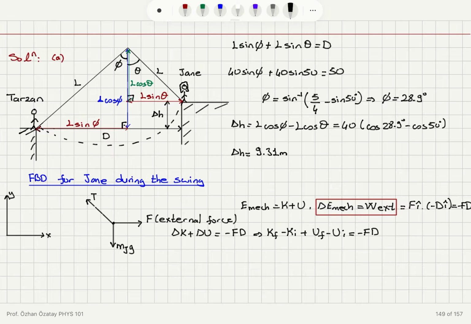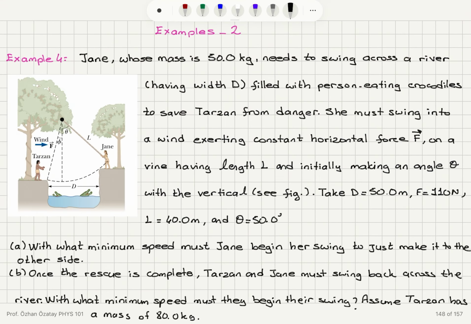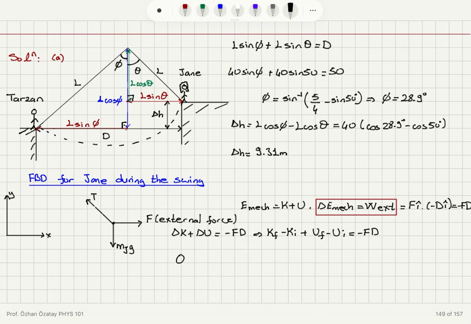And the final kinetic energy will be zero because Jane will swing and will just basically capture Tarzan and stop. And then at that point they will start swinging back. So this is going to be the final kinetic energy. Initial kinetic energy is 1/2 mass of Jane v squared, v initial squared, plus the final potential energy.